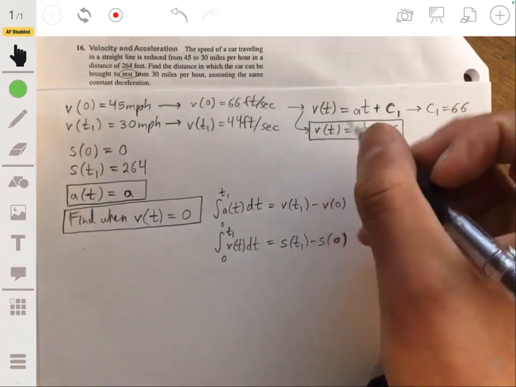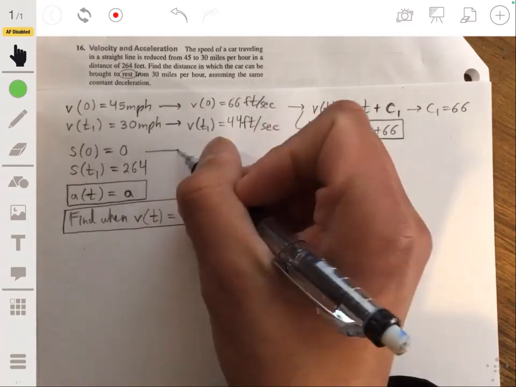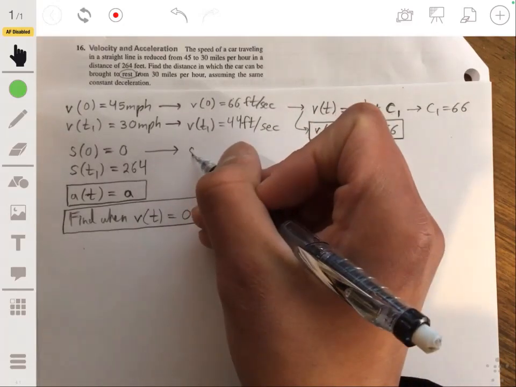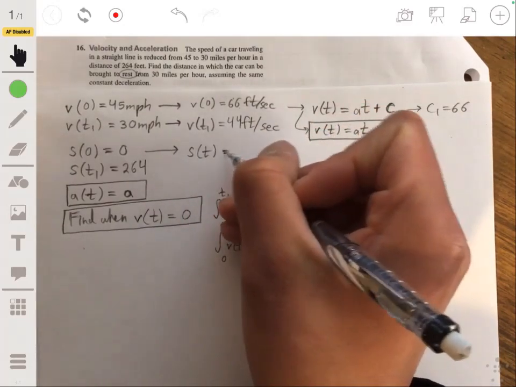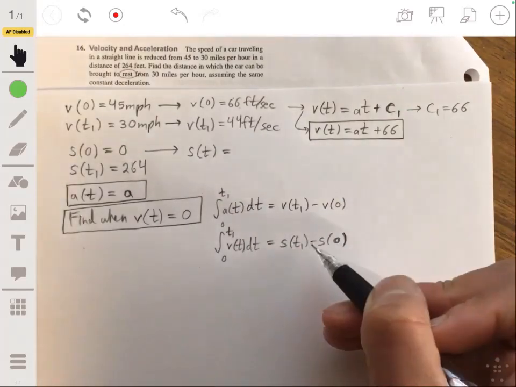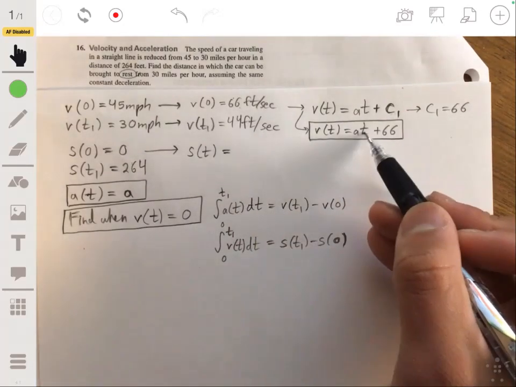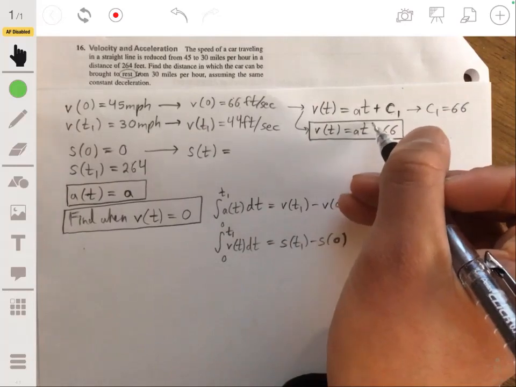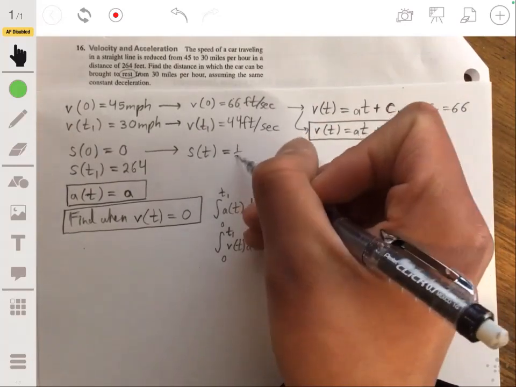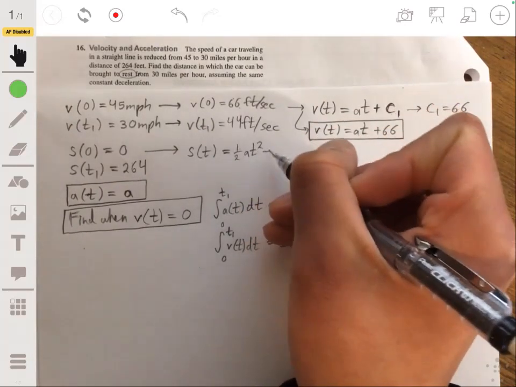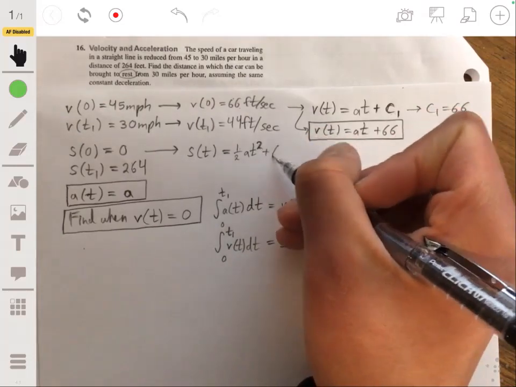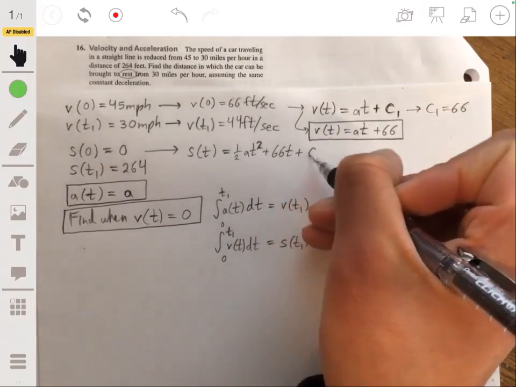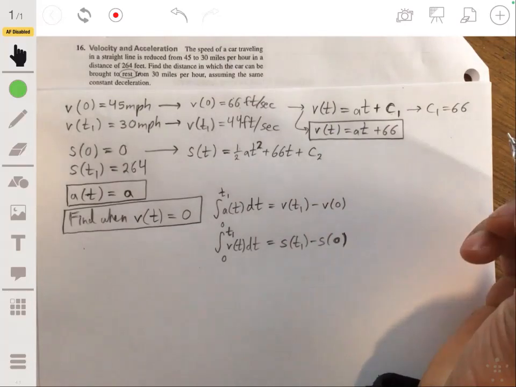Now let's look at the position function. s of t would be what we get by integrating the velocity function. So integrating this, we would get at squared over 2, or 1/2 at squared, plus 66t plus c2.